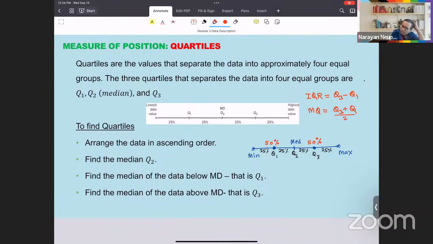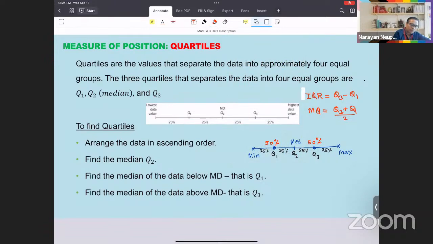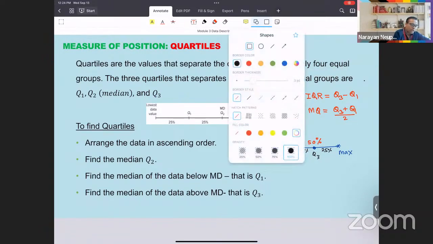Mid quartile is Q3 plus Q1 divided by 2. So you'll see that in the examples, you'll be asked to find something like that, IQR and mid quartile.